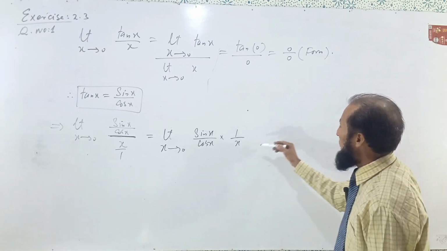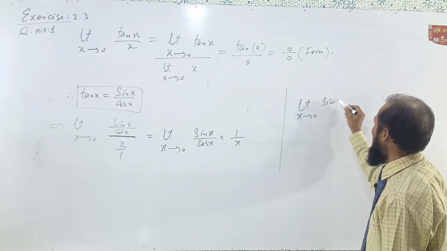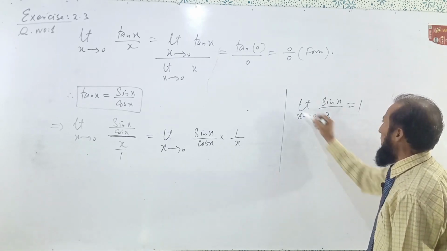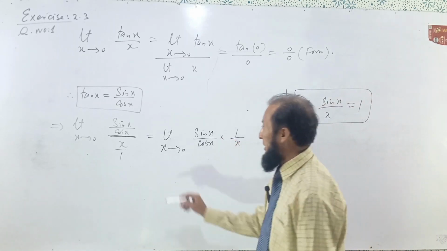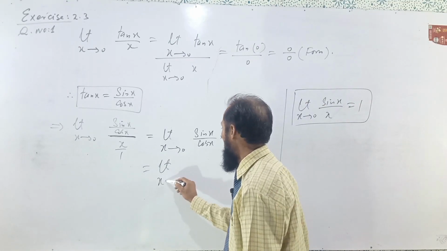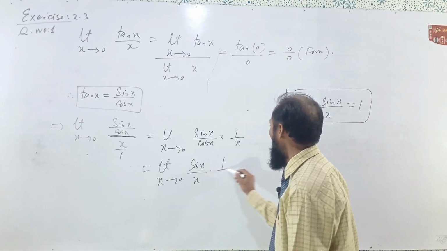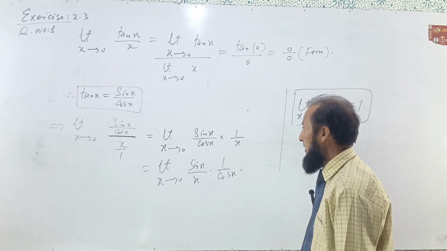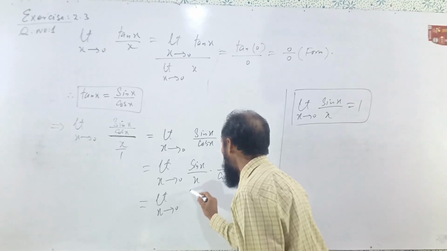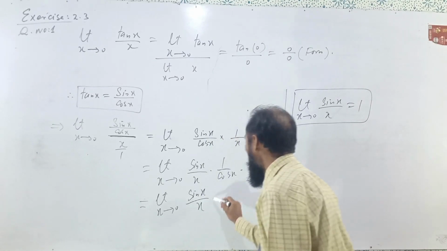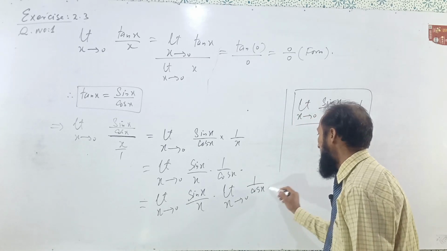Now we have one of the rules, limit x tends to 0 sin x divided by x is equal to 1. This is a very important rule. According to this rule, we separate this into limit x tends to 0 sin x divided by x, into limit x tends to 0 of 1 divided by cos x.